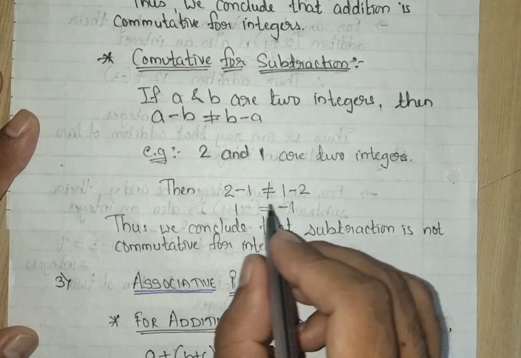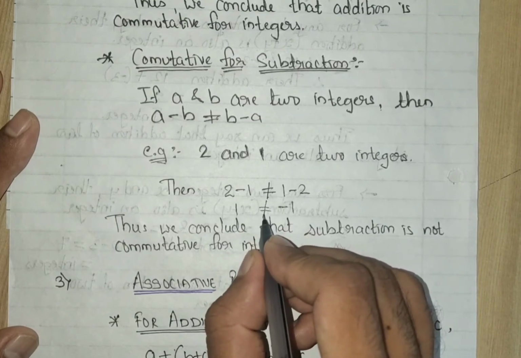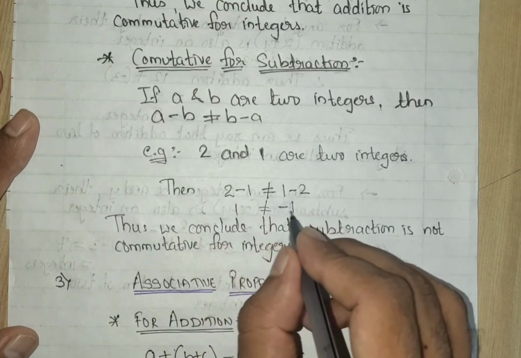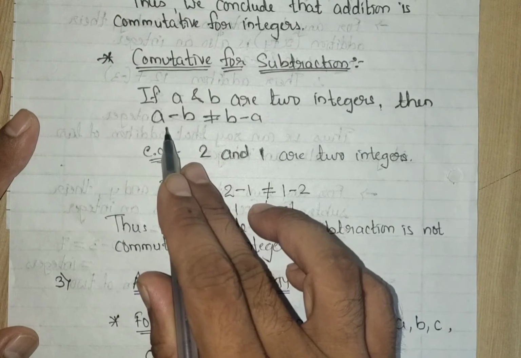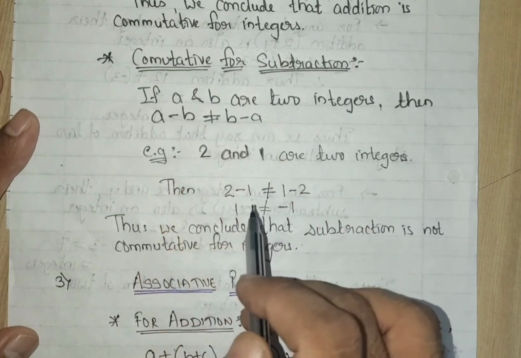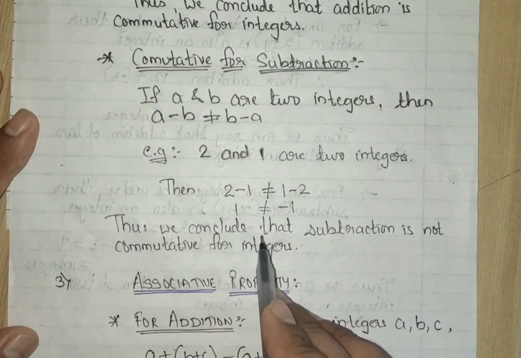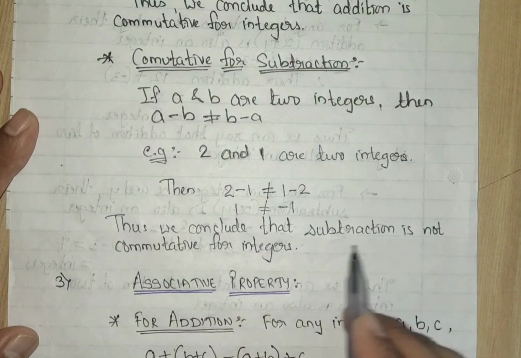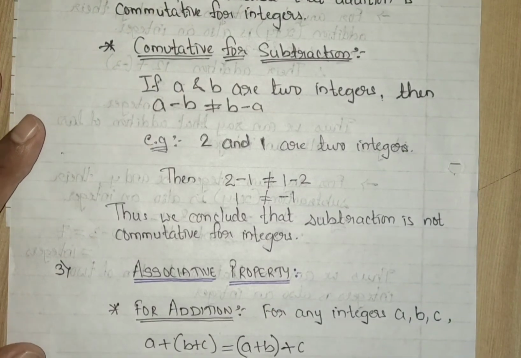Now students, is 1 equal to minus 1? No. We don't get same result on changing their position. So we conclude that subtraction is not commutative for integers. Hope you are understanding this explanation.